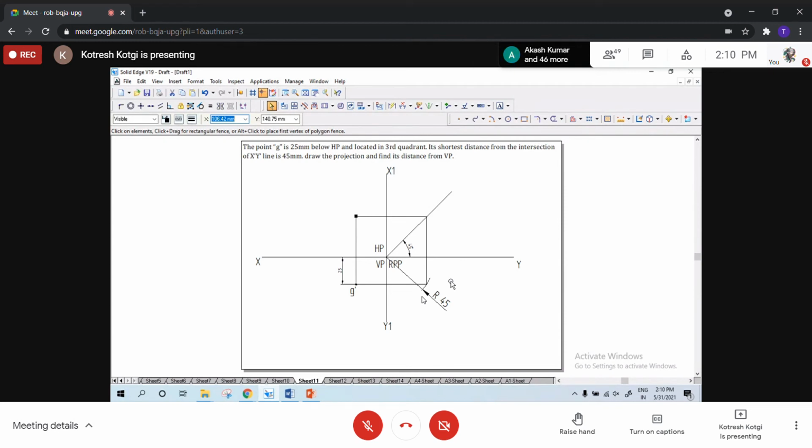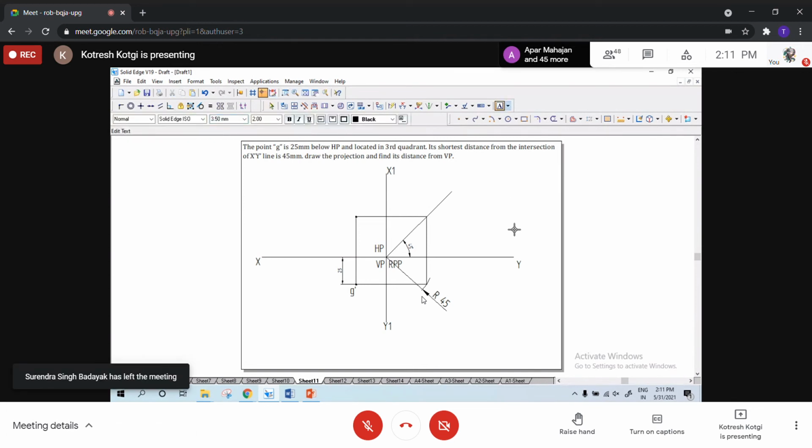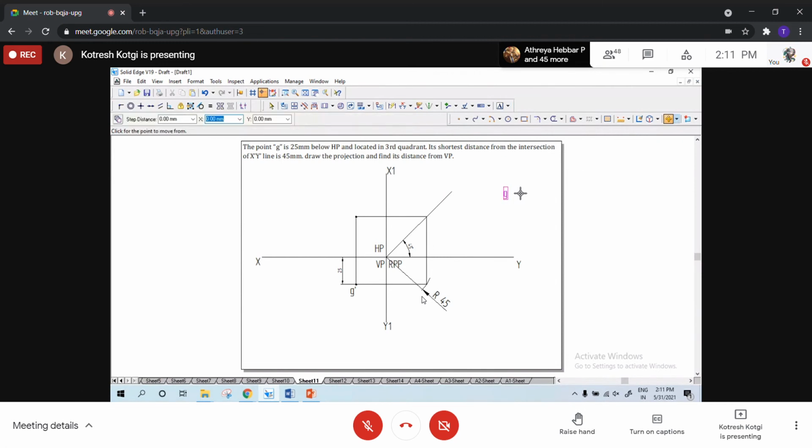On HP, what will you get? Yes, Aishwarya, distance from VP. No, is it the top view or front view? Front view we have already done. The top view, whatever we got now, is it not the top view? Yes, sir. I'll just name it. You see here, that is G, right? I have to place G here, which is the top view.